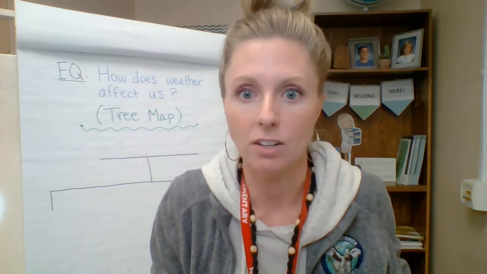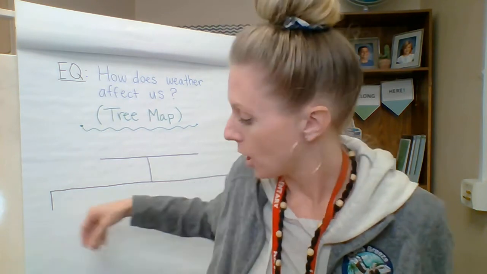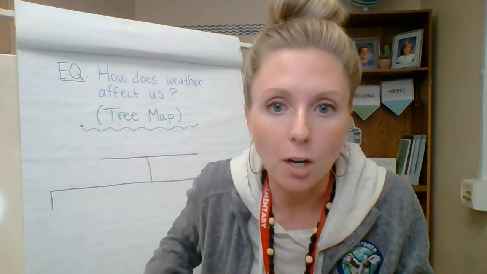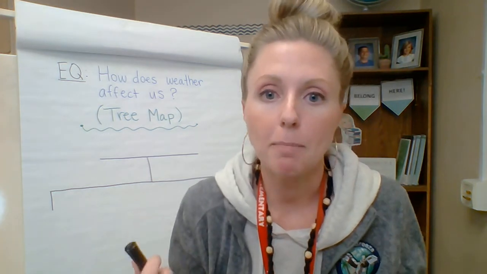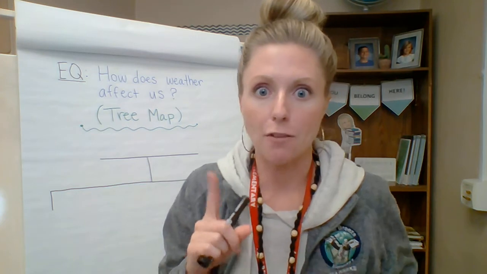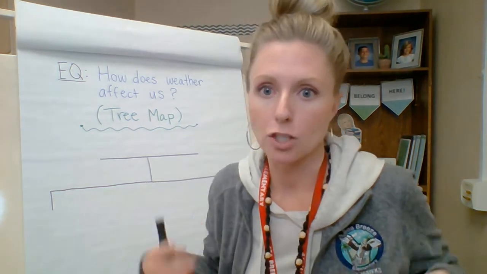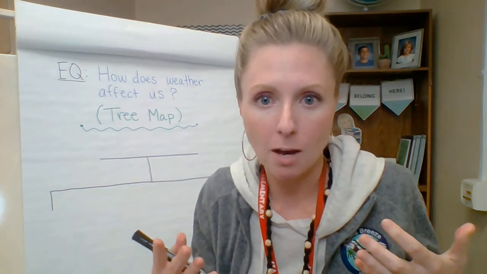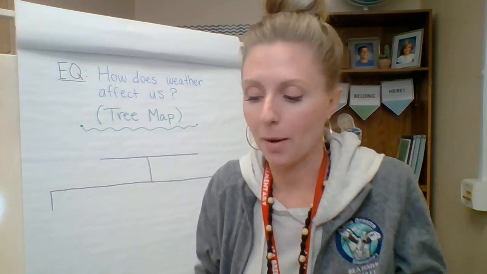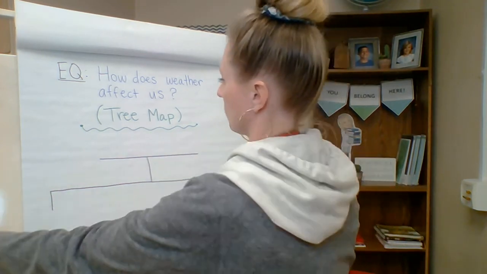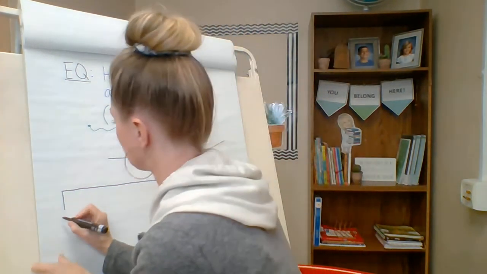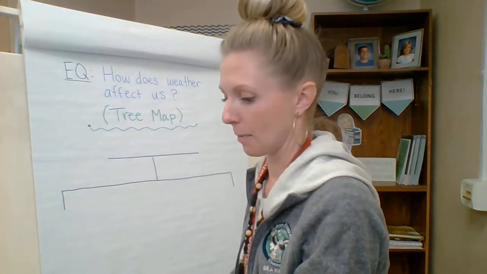That's a really good key detail. So you can pause the video. I'm going to write this down. You can pause it as you write too. Let's add that to our tree map as the first key detail to support whatever we think the main topic of the story is going to be. Grab a different color.